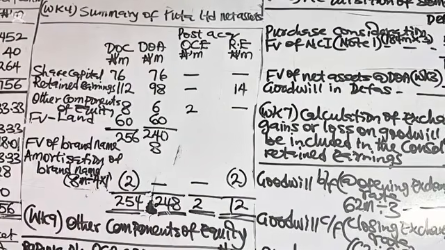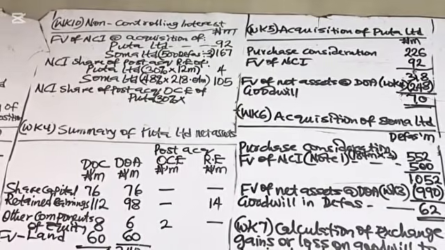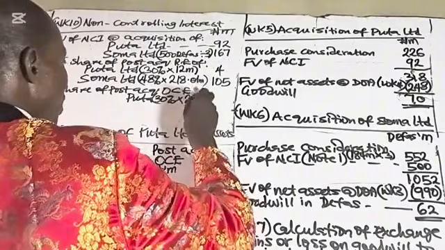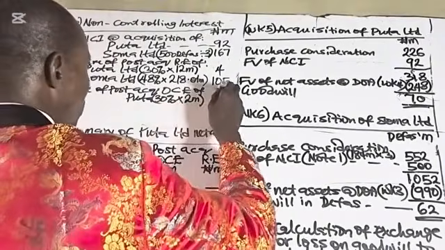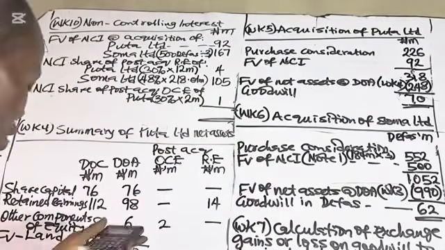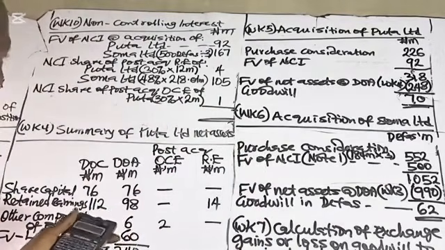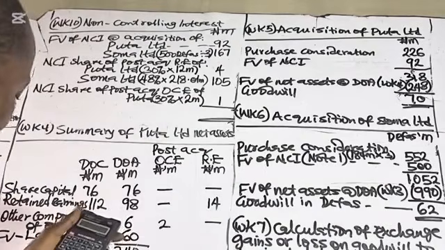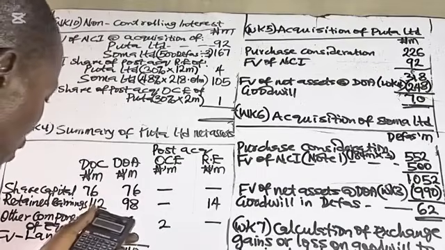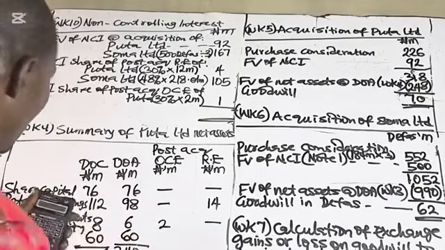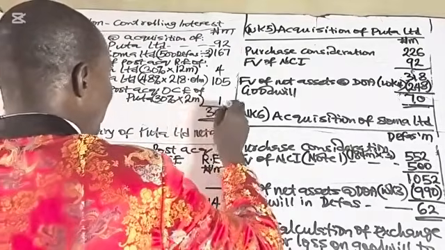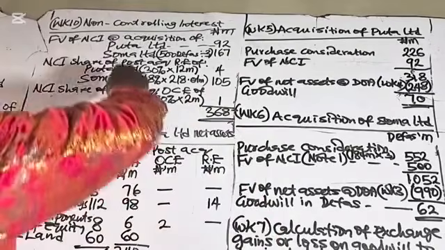So NCI will receive 30% of that 2 million. That gives us 0.6, approximately equal to 1. So if you sum up this, we have 92 plus 167 plus 4 plus 105 plus 1, let me just say 368. That is the non-controlling interest.